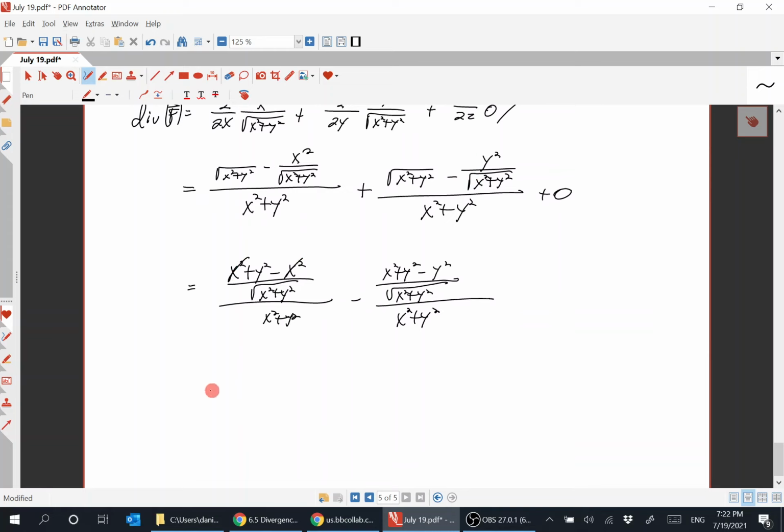So what do we have here? So this is equal to y squared over (x squared plus y squared) to the 3/2 minus x squared over, so y squared minus x squared over (x squared plus y squared) to the 3/2.